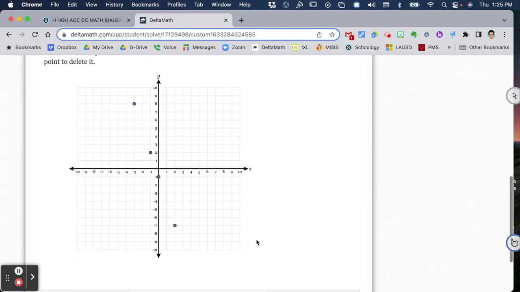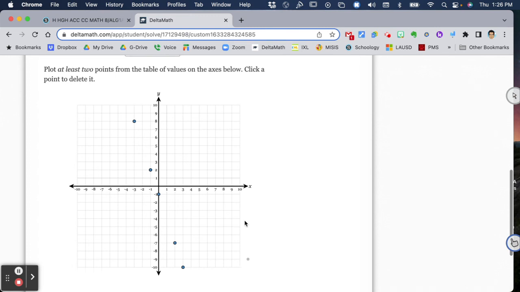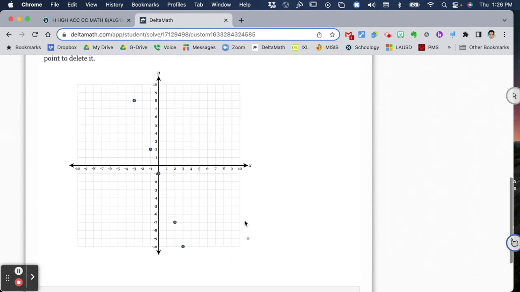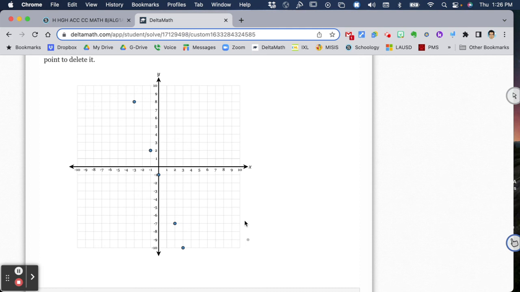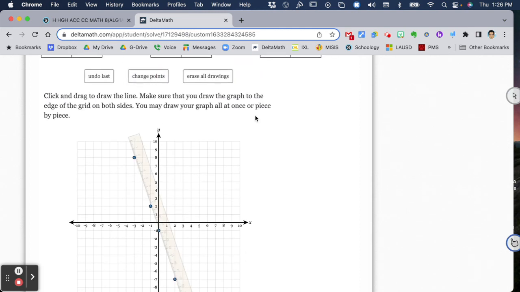And 3, negative 10. Okay, so I found 5 points that'll work. Let's graph our line. We're done plotting.